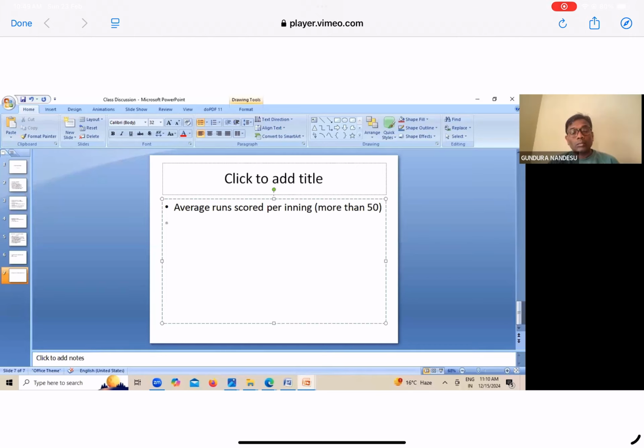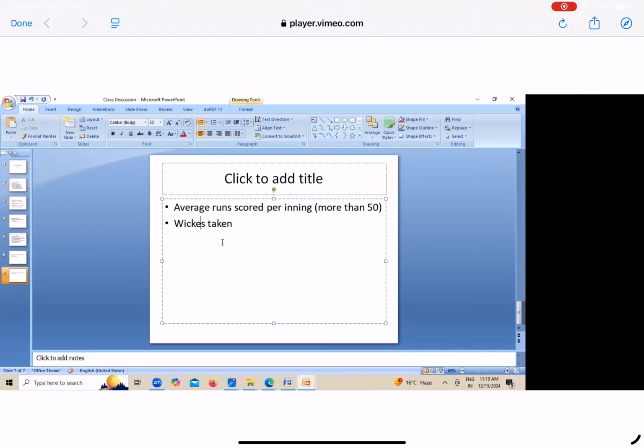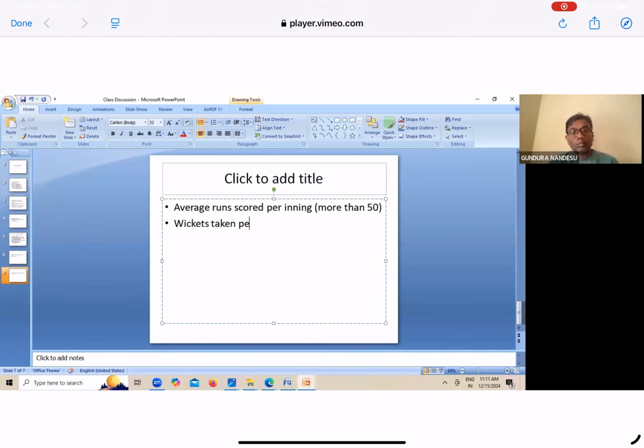So average runs scored. And if that person is a bowler, the average number of wickets taken per innings, 3 wickets. Also, how many times he earned man of the match or man of the series, the number of times.